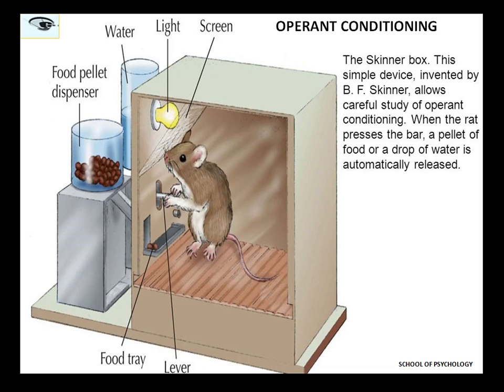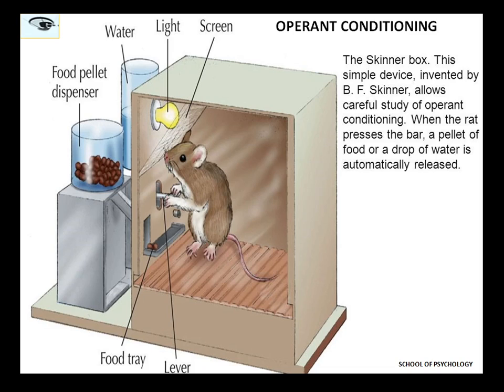So, what's going to happen? The food pellet will drop, right? So the food pellet here is the reward or the consequence that the rat will get in the end. And this reward, this kind of positive reinforcer, is like a positive reinforcement, isn't it?